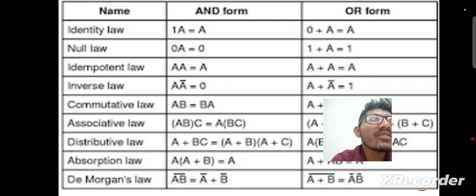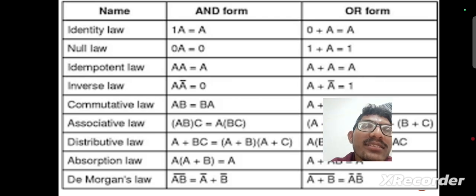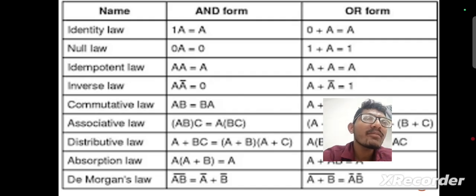When we add 1 to the input A, we will get 1 as the output. Idempotent law is A into A. When we multiply the two inputs, we will get only the single input as our output. When we sum the two inputs, we will get only the single input.